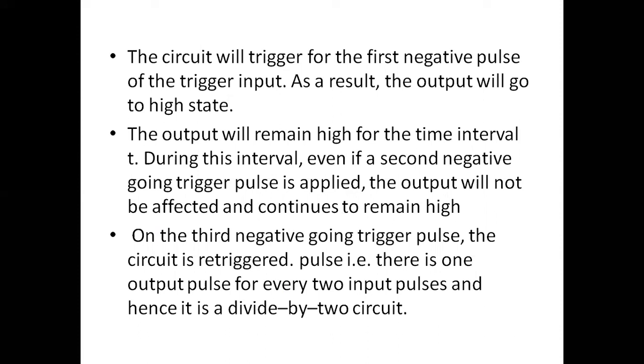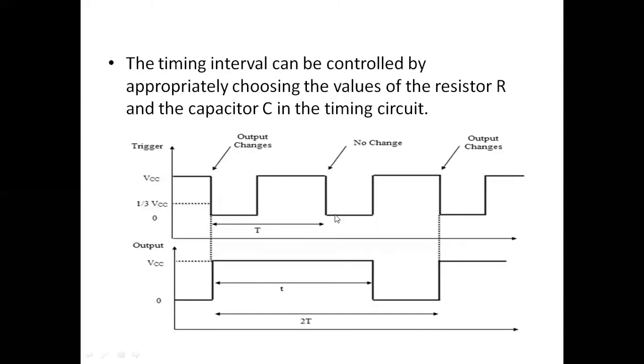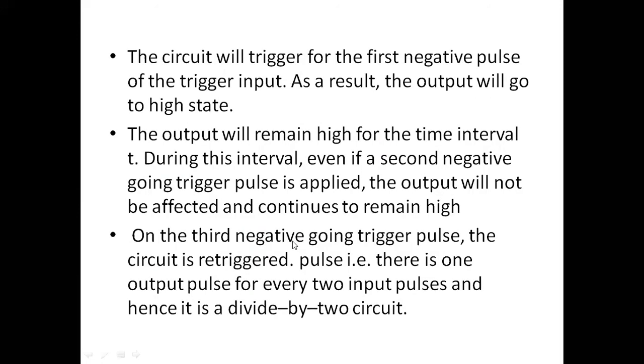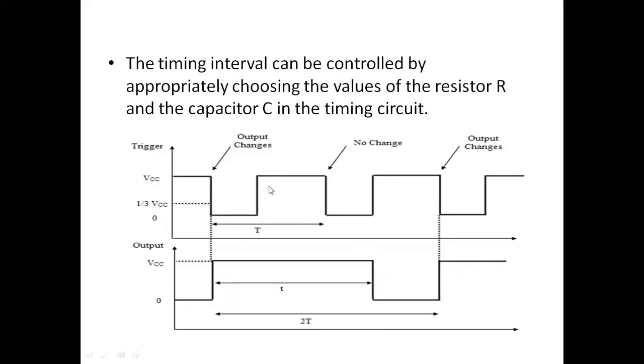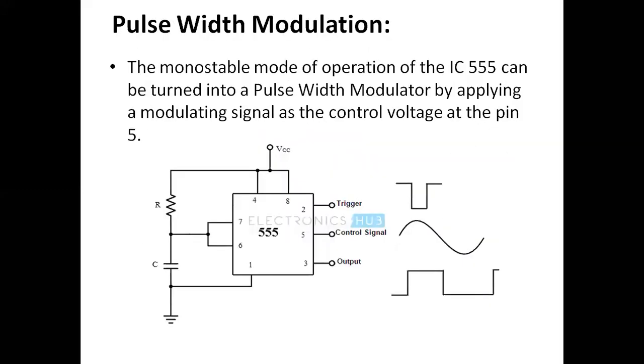That means there is only one output pulse for every two input pulses, so the time is doubled and the frequency is divided by 2. In this manner, we can get a frequency divider circuit from the monostable multivibrator with some modifications.